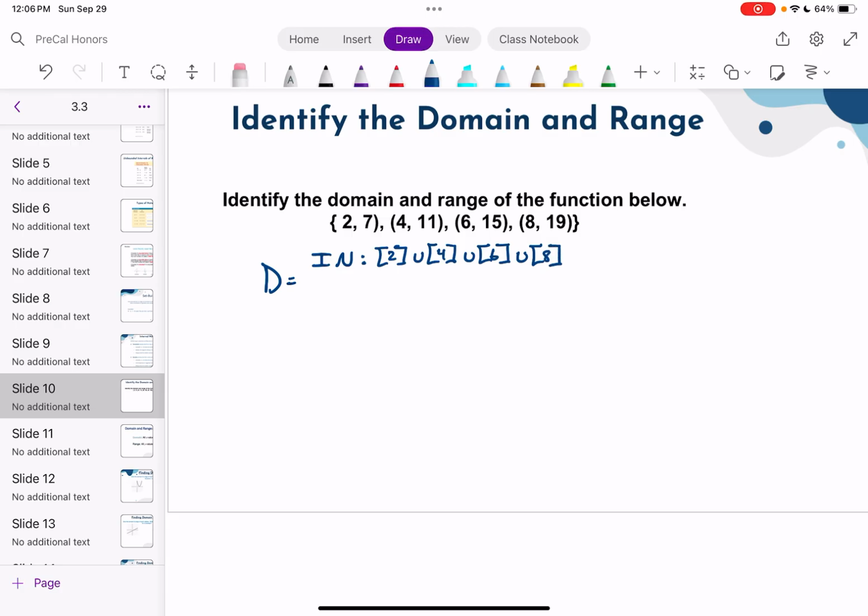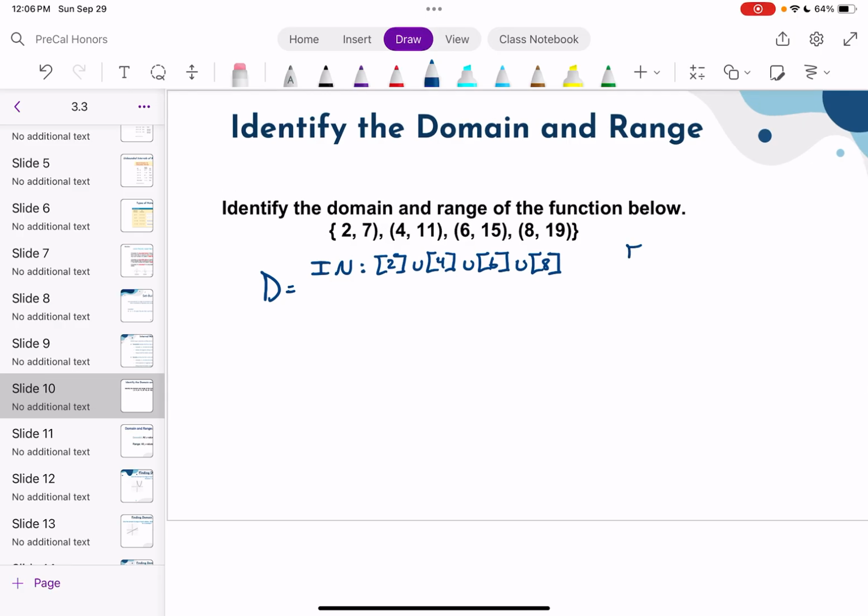The reason why we are using brackets is because we are including that number. We use the union between these different brackets to describe how it is only the 2 and the 4 and the 6 and the 8 that are being included. This is extremely different than if someone was to write from 2 to 8 in this method.